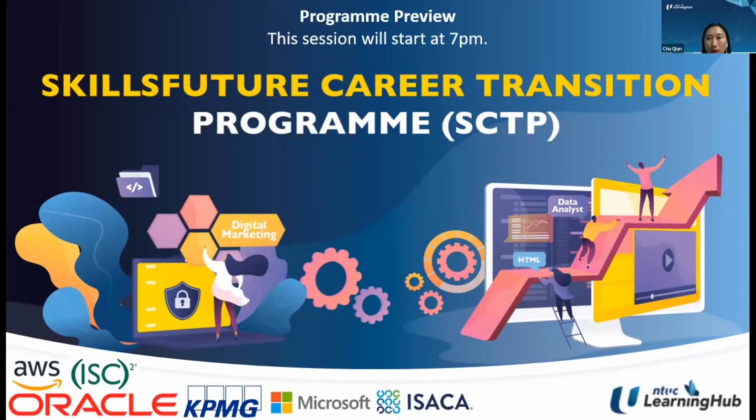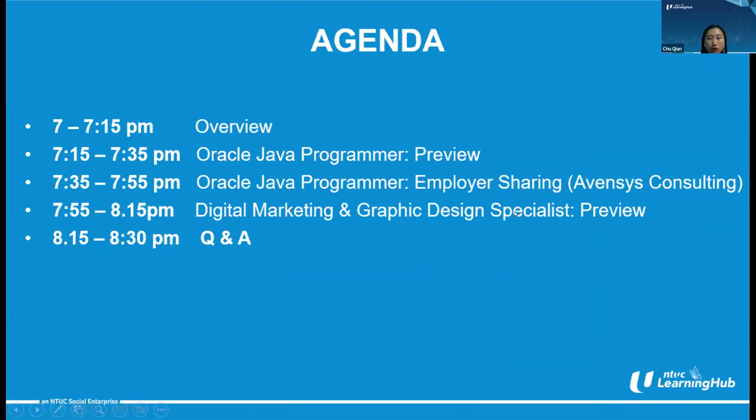All right. So for today, I will first share an overview of what the SCTP program is about, what is in it for you. After that, I will have our Oracle Java programmer trainer share about the program. And we also have a talent acquisition specialist from Avensys Consulting, an IT consultancy company that will come in to share about their company hiring needs and requirements for the role.